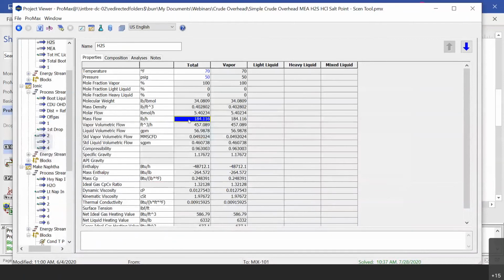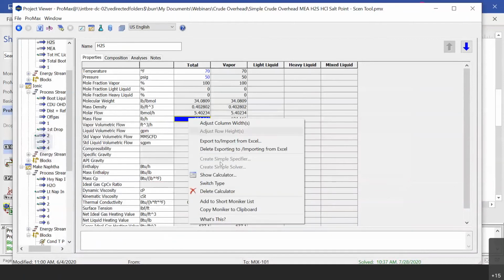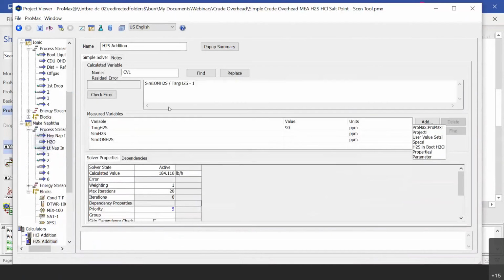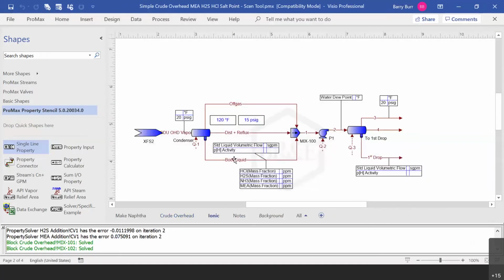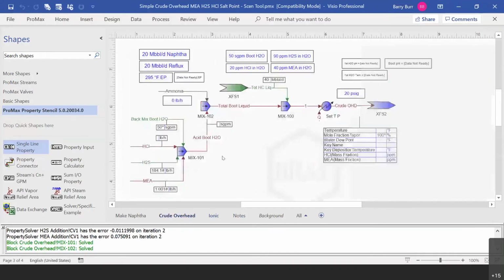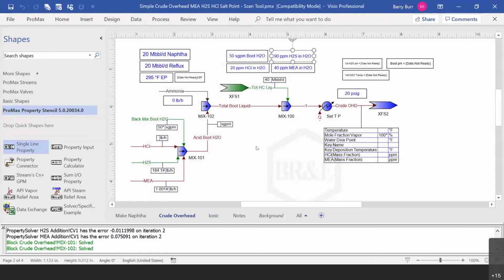So we're adjusting the flow rate of the H2S, and we're trying to drive to that target value of 90 ppm by adjusting the flow rate of the H2S until the concentration in the boot liquid reaches that target value of 90 ppm H2S. So there's a solver on that stream, there's a solver on the HCl here, and there's a solver on the MEA.